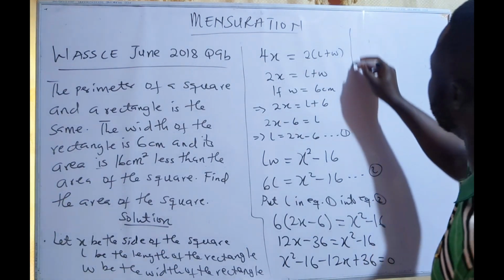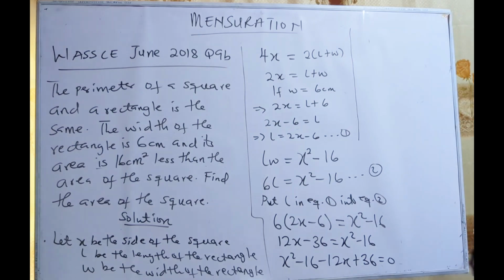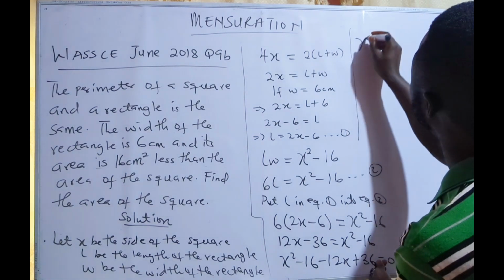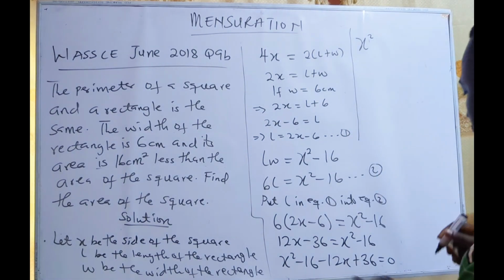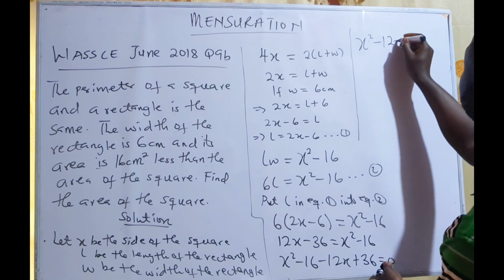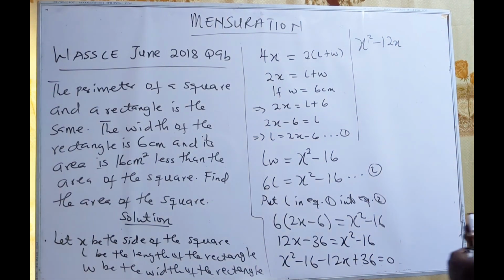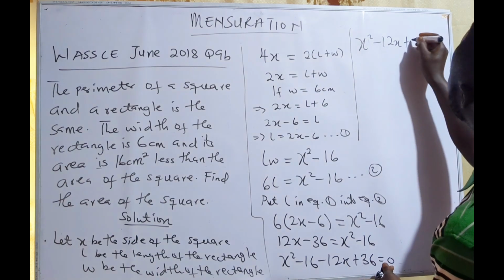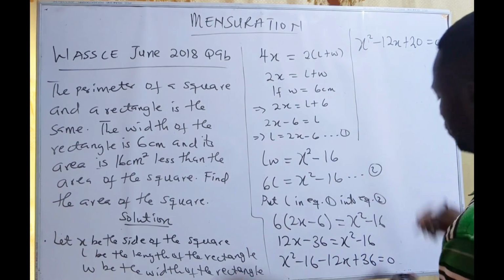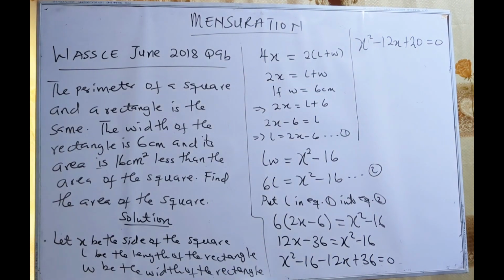Then let's finally simplify. So we will have what? s squared minus 12x. Then minus 16 plus 36 will give us plus 20 equal to 0.